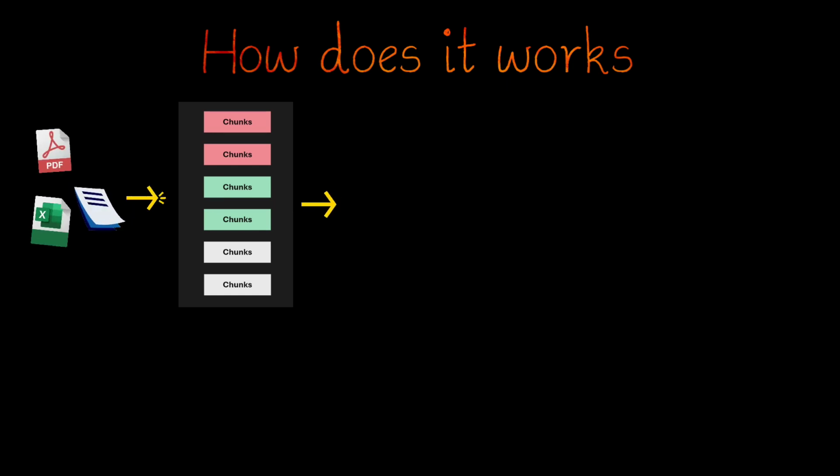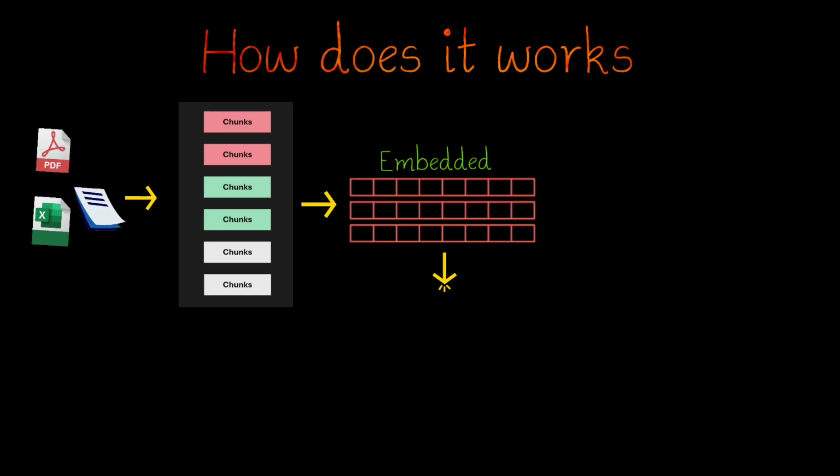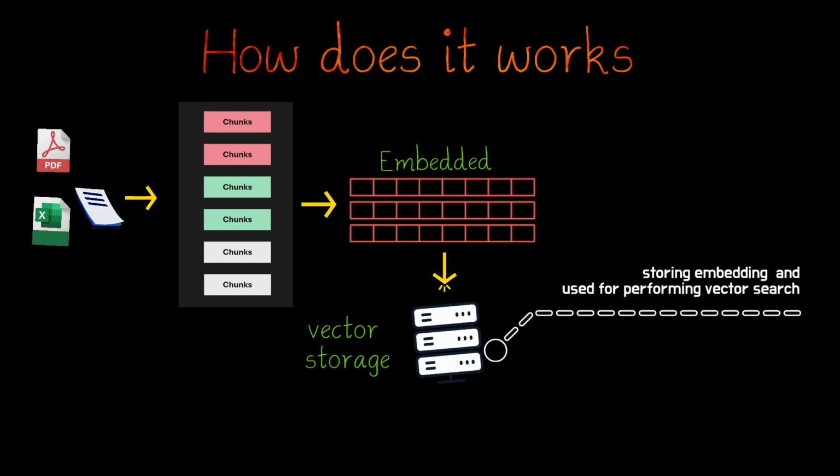And then these chunks of words are embedded and then stored in vector storage, where vector stores are the place for storing embeddings and used for performing vector search for you.